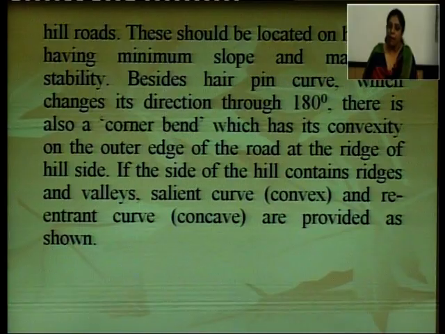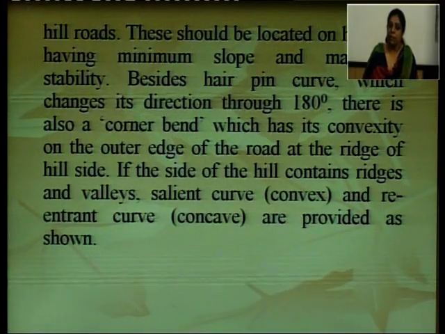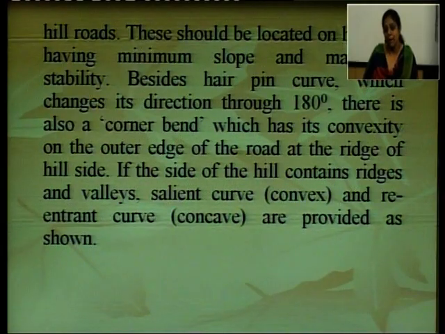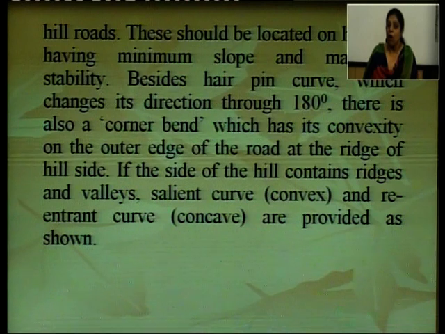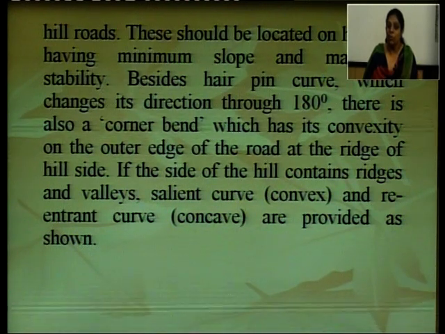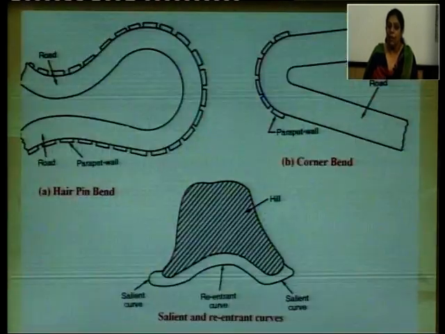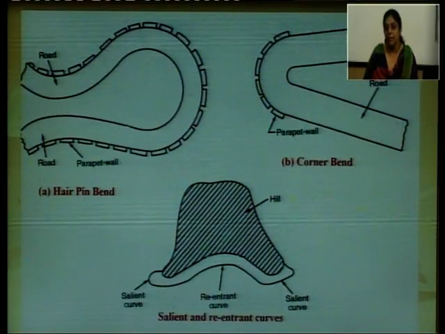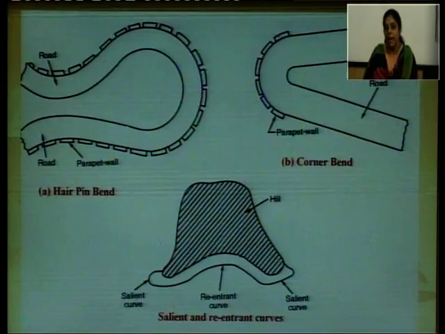Besides the hairpin curve, which changes its direction through 180 degrees, there is also a corner bend which has its convexity on the outer edge of the road at the ridge of the hillside, like this. This is the corner bend. Now, students, your traffic is coming from this side. You just look at the arrow.